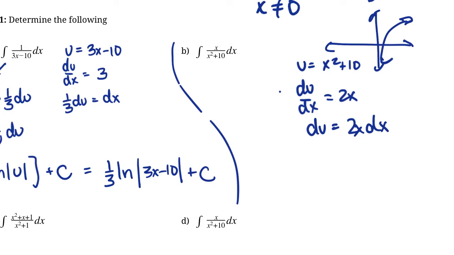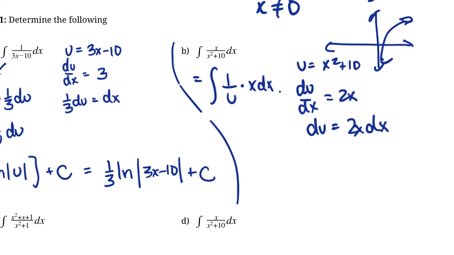If we rearrange this, du equals 2x dx. Or even more simply, I can rewrite this as essentially 1 over x squared plus 10, and that's a u, so I'm going to replace that with u: 1 over u times x dx. If we can rearrange this substitution to be just x dx, we're golden.